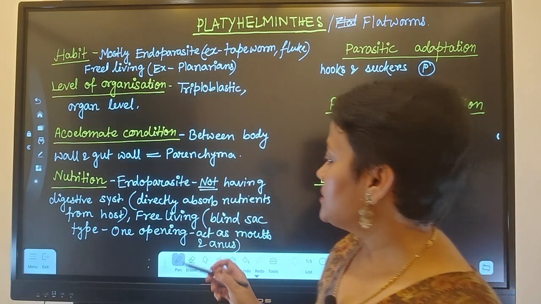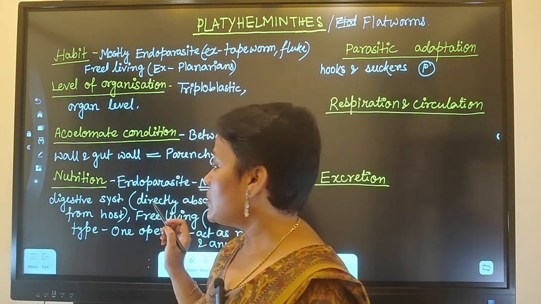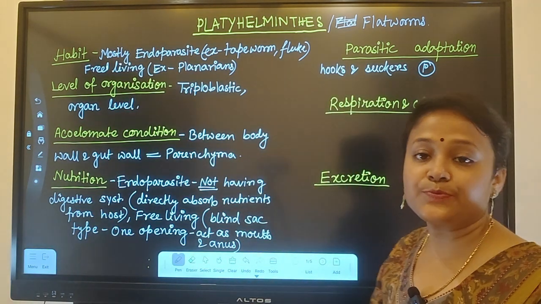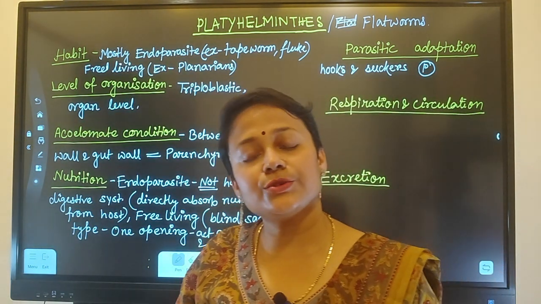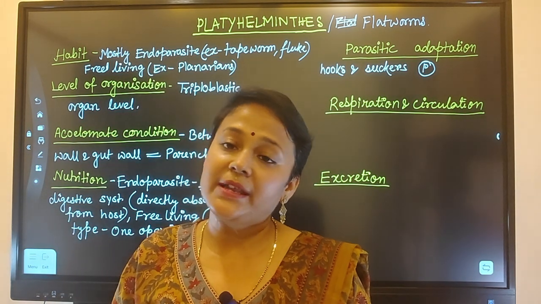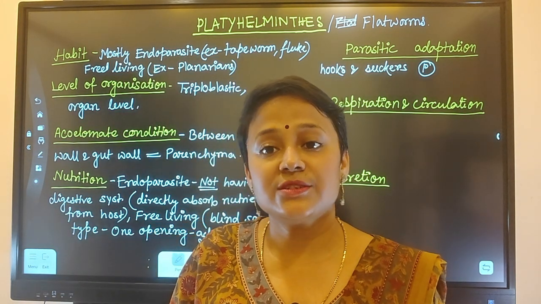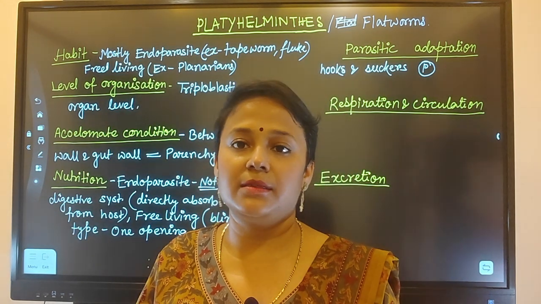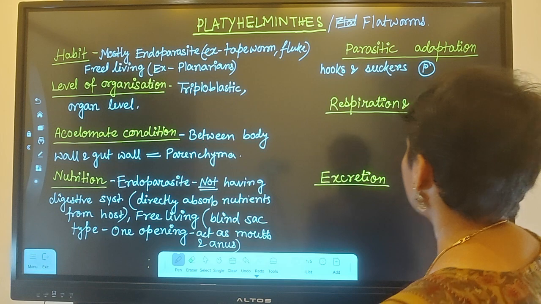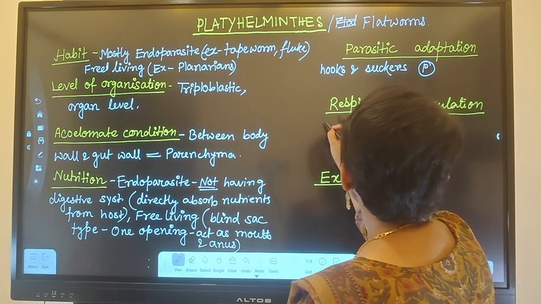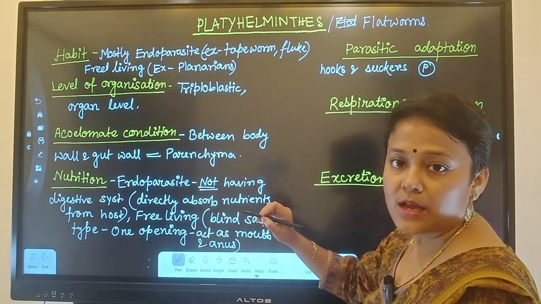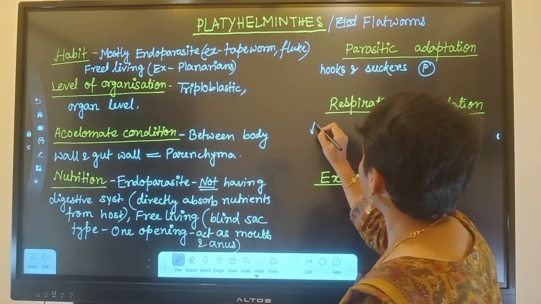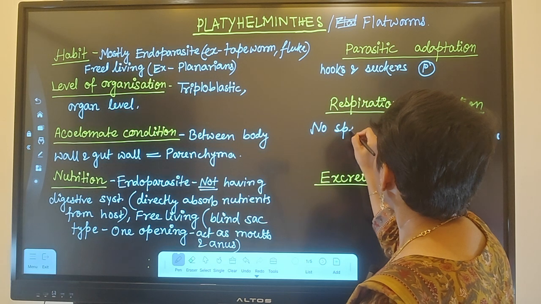Also, the absence of the digestive system, the absence of respiratory and circulatory systems, regeneration capacity and high reproductive capacity all come under parasitic adaptation. Remember that. Respiration and circulation organs are absent.